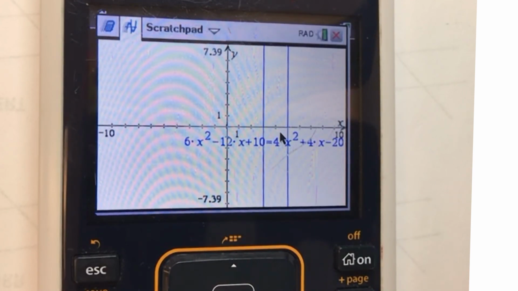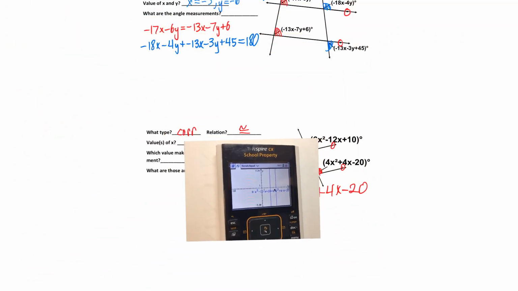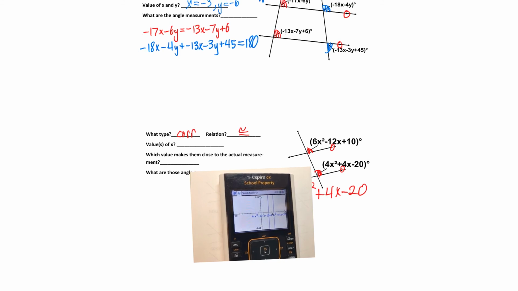So what are my solutions? It crosses at 3 and it crosses at 5. So that's where those two are going to be equal. So the values of x are x equals 3 and x equals 5. And then you can plug those in and find out which one is the correct one, but we're going to stop there.